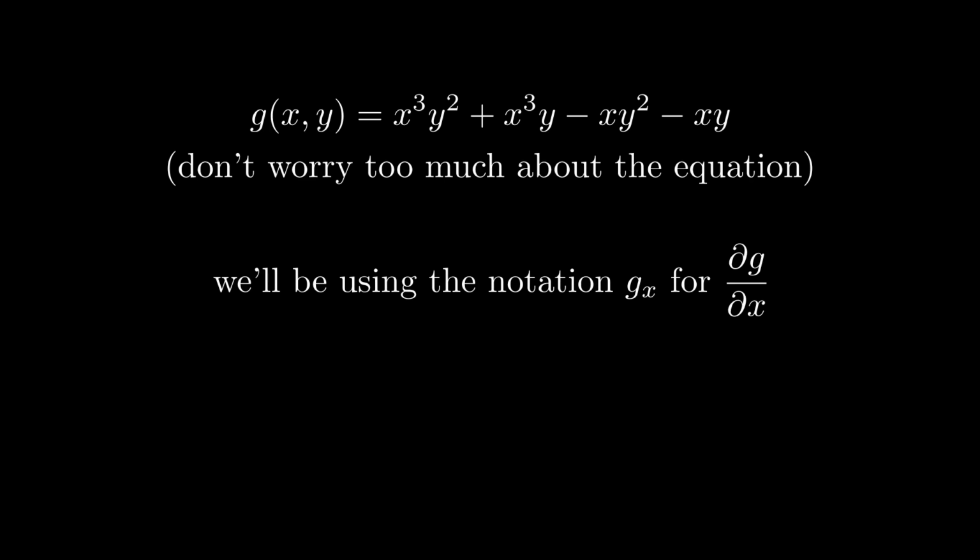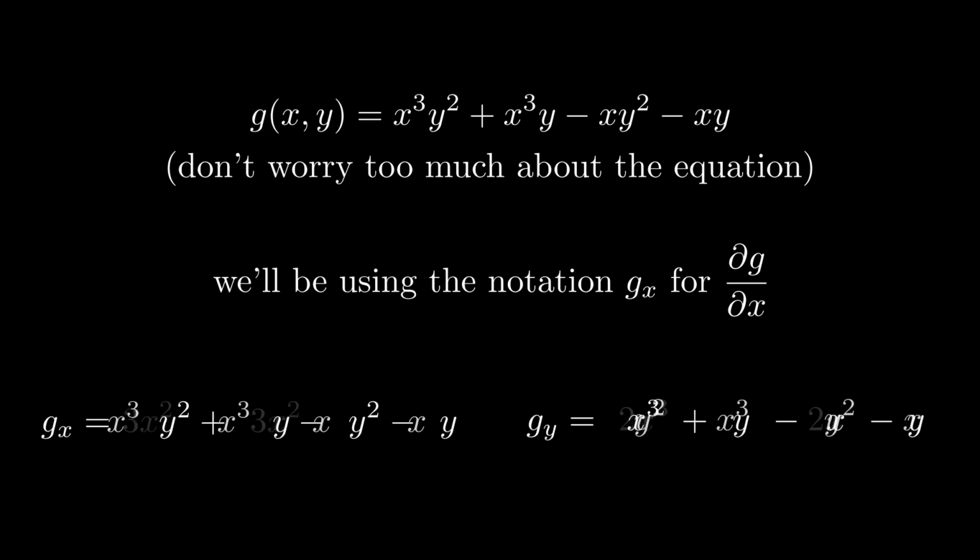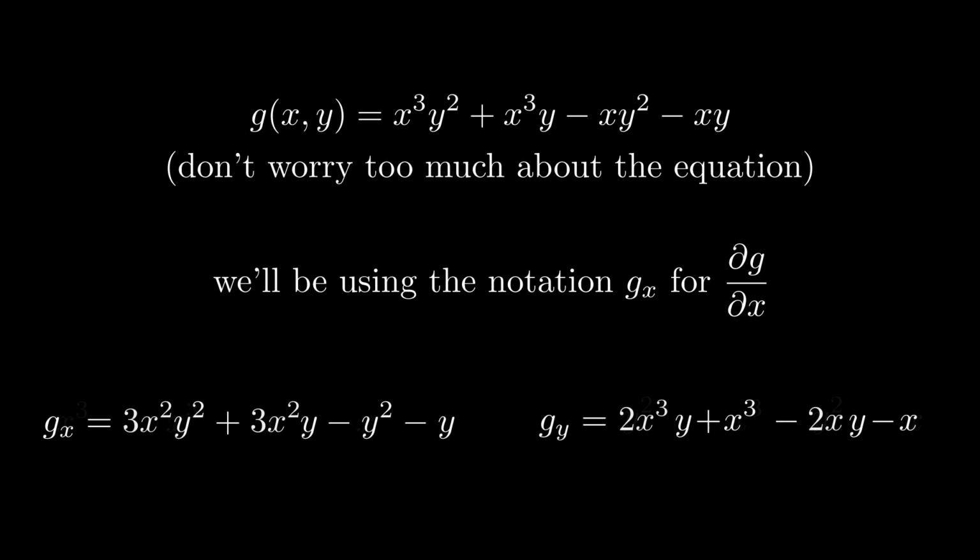We take a second partial derivative by taking the first partial derivative again. In this case, let's look at the first partial derivatives first. We follow the same process discussed previously, yielding the equations shown. But we see that both the derivative of g with respect to x and the derivative of g with respect to y are functions in terms of both x and y.